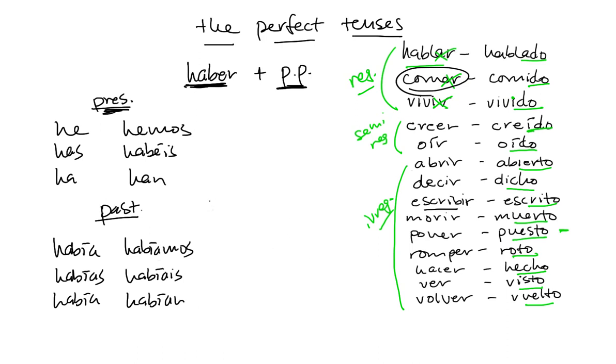For example, él había, let's use volver. Él había vuelto. That would mean he had returned. He had returned by the time I got home, whatever that case might be. Or they had seen, from ver, ellos habían, and from ver, that's irregular, visto. Okay, so that would be the past perfect.